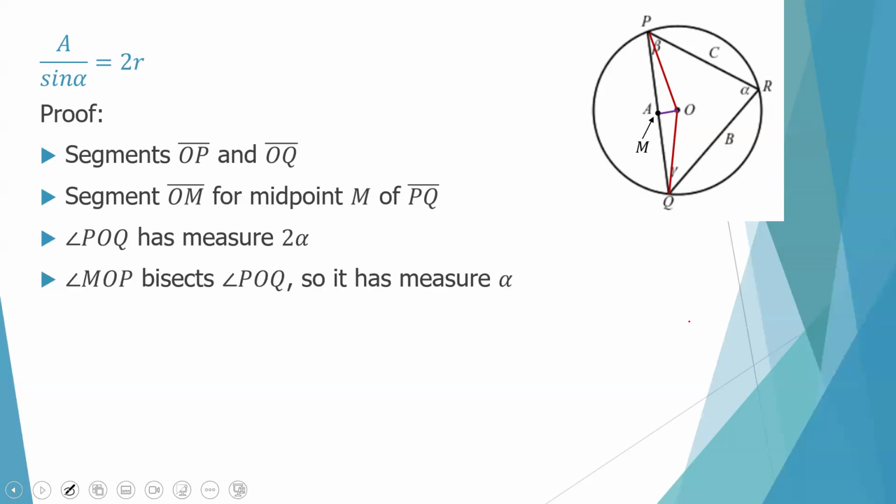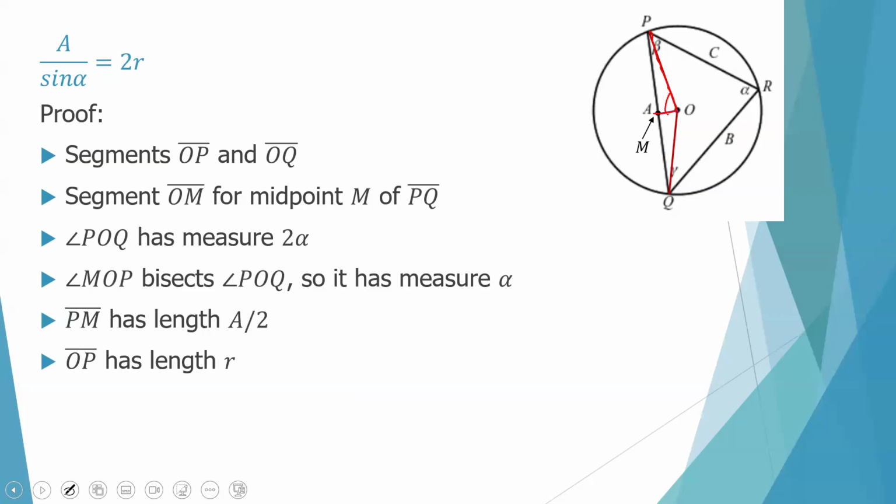So MOP, which is this one, I want to be clear we're talking about this one. So this angle here is alpha. PM has a length of A halves, half of A. We knew that.